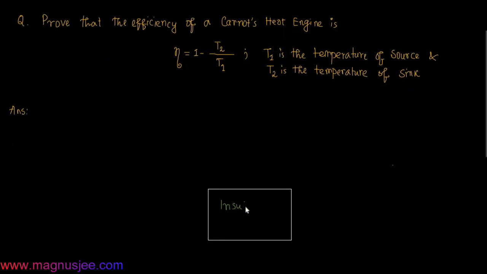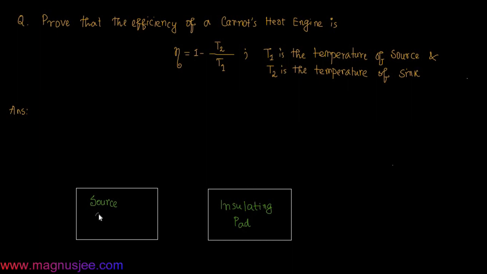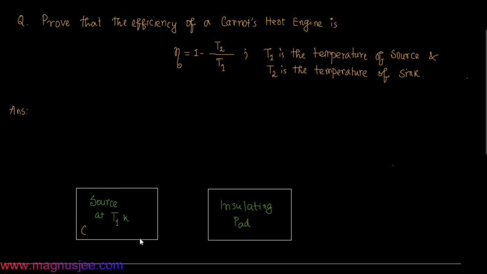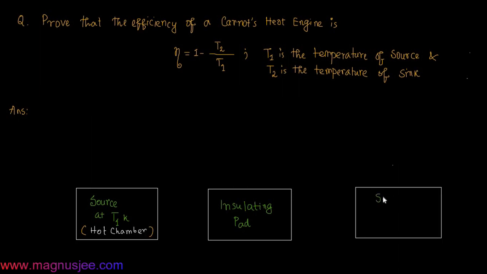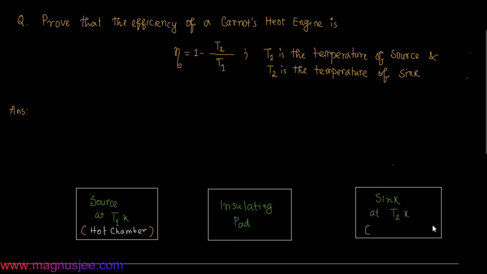A Carnot's heat engine consists of an insulating pad, a source at higher temperature T1 Kelvin, which is the hot chamber, and another chamber that is the sink at the lower temperature T2 Kelvin, which is the cold chamber.